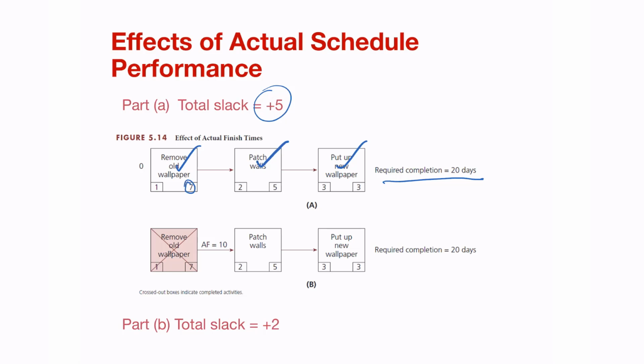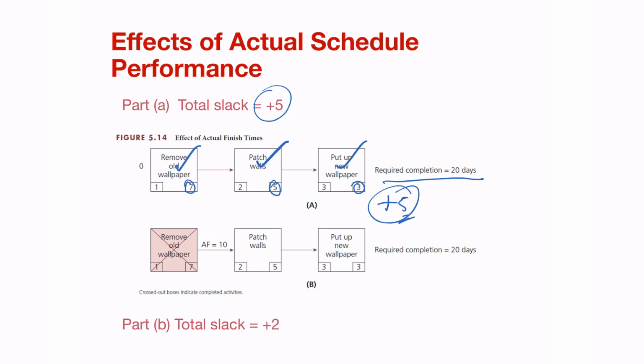But if we add up all the activities, 7 plus 5 plus 3, it only takes 15 days. Which means that there is a slack, or float, of 5 days by which any one of these activities can be delayed.